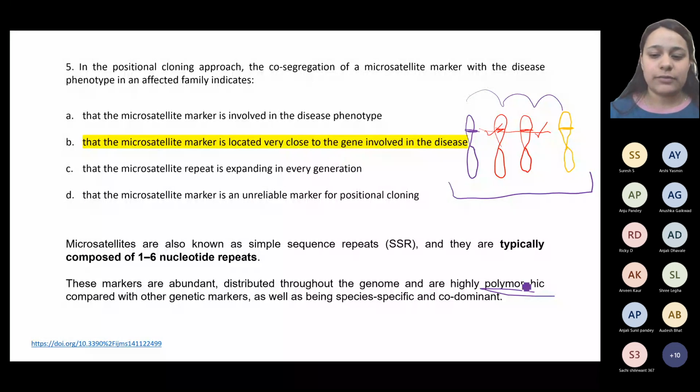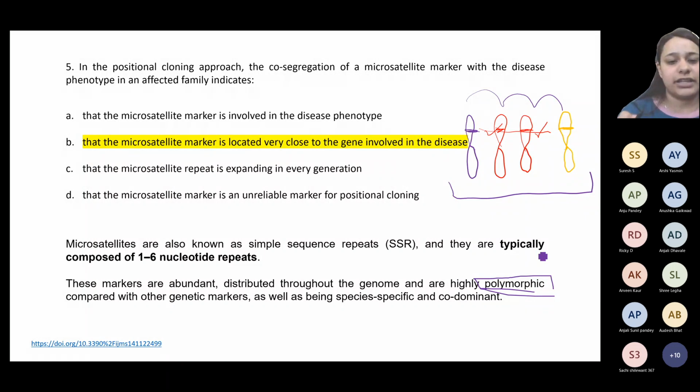So this polymorphism really helps in these ancestry studies, because in polygenic disorders, not all genetic variations will be present in all ethnicities, right? There will be some genetic variations that are predominant in maybe Indians.